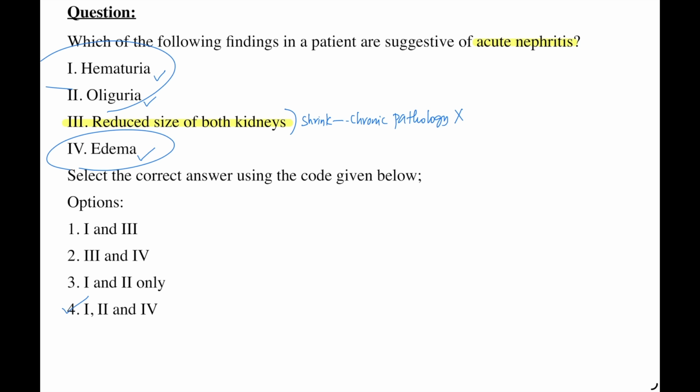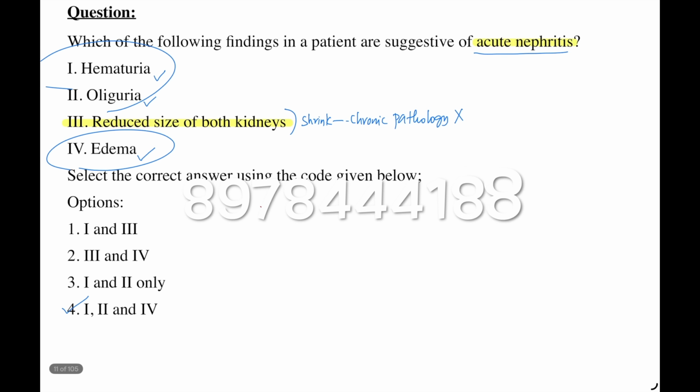1, 2, and 4. Now, there are some major syndromes in nephrology and there are important clues to diagnosis. For example, we are done with acute nephritis. Now, if you want to diagnose chronic renal failure or chronic kidney disease, what are the things that you see? You will see azotemia, that is uremia, increased urea levels. Uremia leads to many other manifestations like encephalopathy. You'll also see osteodystrophy, that means the kidney is affected, calcium metabolism also gets affected, and bone problems will be there.